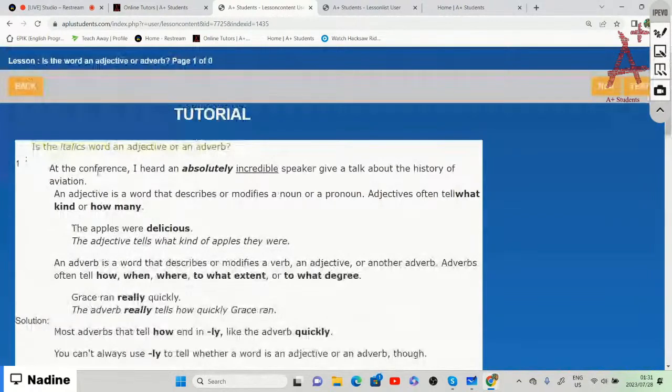At the conference, I heard an absolutely incredible speaker give a talk about the history of aviation. So we need to look at the word absolutely and say if it is either an adjective or an adverb.